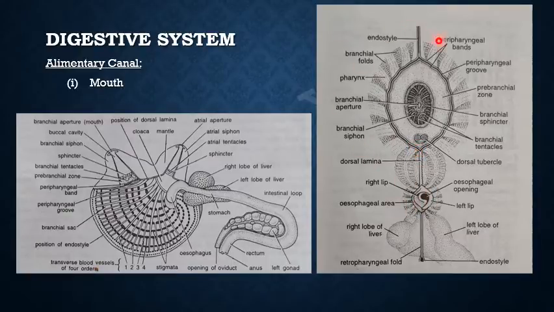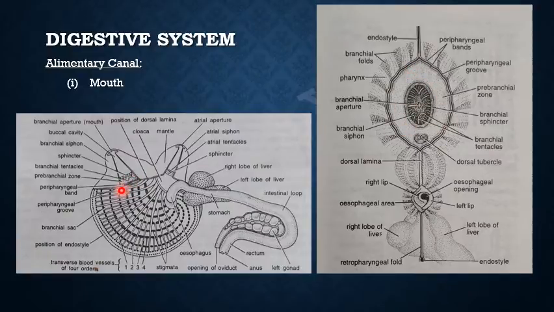You can understand this like this: the endostyle is cut in between, and then the branchial sac is open, and we are viewing it from the ventral side. Here the endostyle is there, and if you are viewing it from this side, then there is the branchial aperture here.